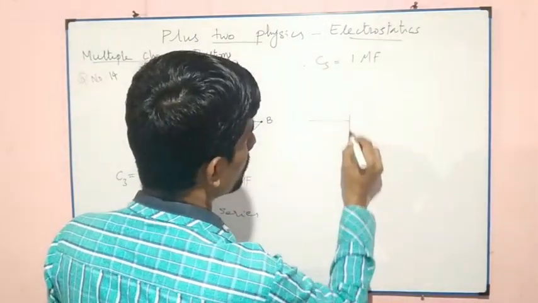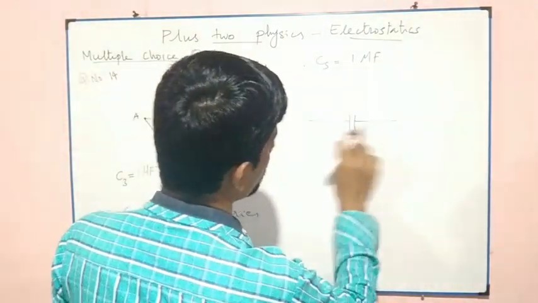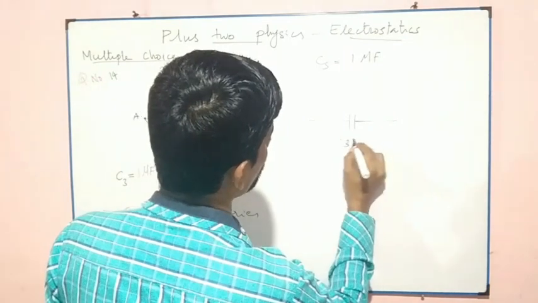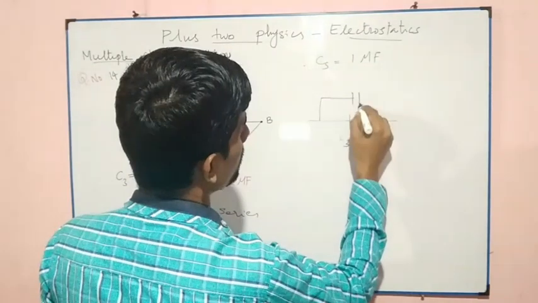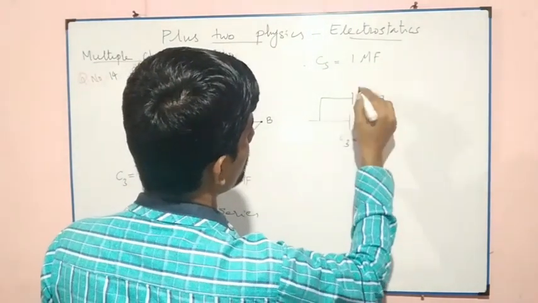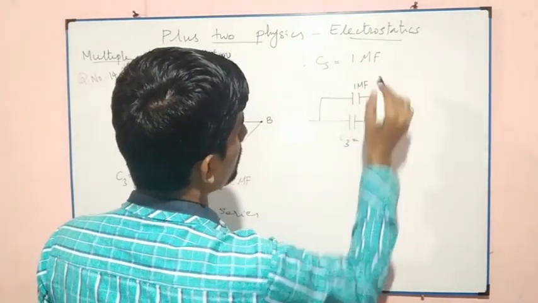Now this 1 microfarad capacitor is considered in parallel combination with this 1 microfarad capacitor, that is C3. We can draw the equivalent circuit with C3 equal to 1 microfarad and this Cs in parallel combination with C3.